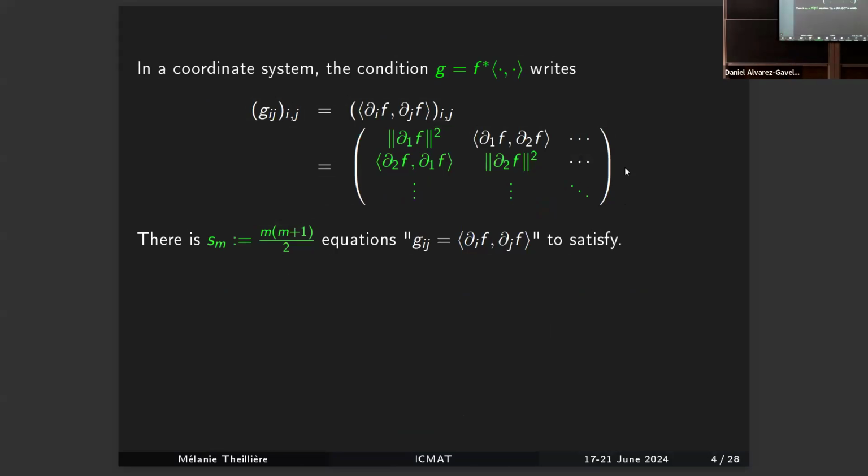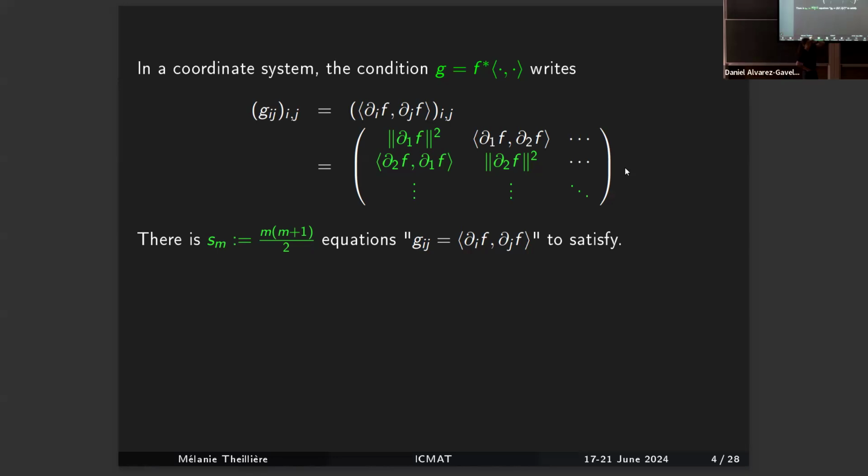And this problem, in a coordinate system, is written like this. We write the metric G in coordinates ij, and we want the metric on the left to equal the metric on the right, which is given by the scalar product of the partial derivatives of the map F. Here I wrote only the first two rows and lines, so this is in fact the case of surfaces.